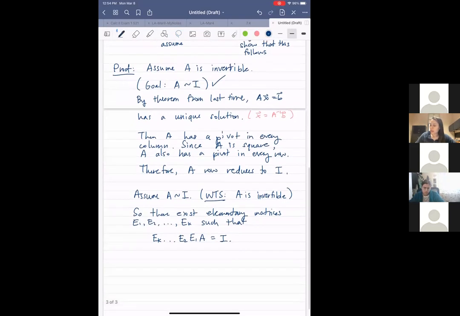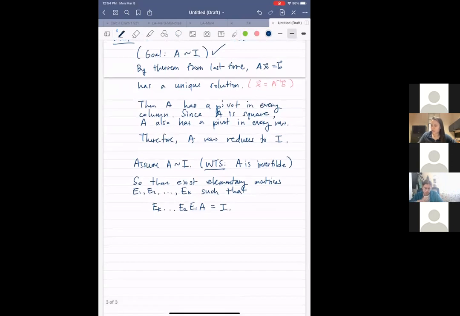And like we were saying, when we were talking about these elementary matrices, each elementary matrix EI is invertible. And we also know that the product of two invertible matrices is invertible. So we can just keep multiplying.